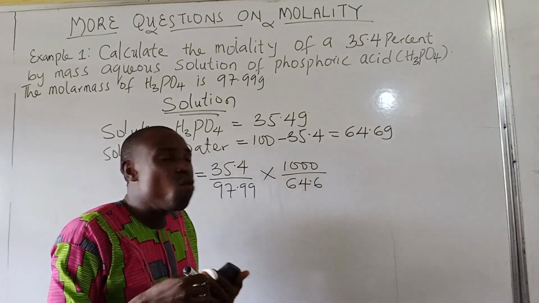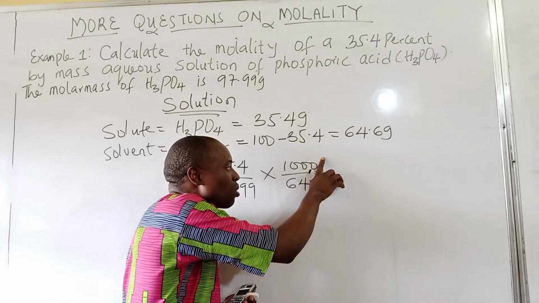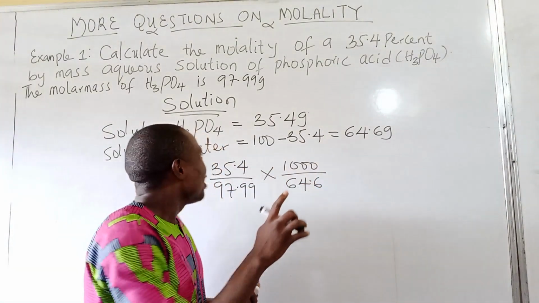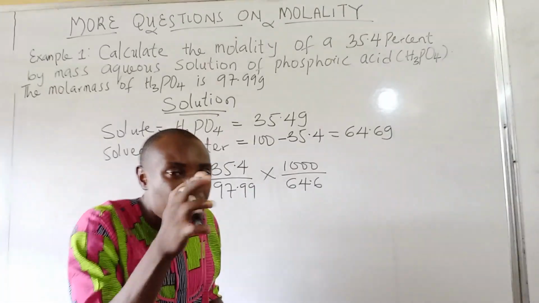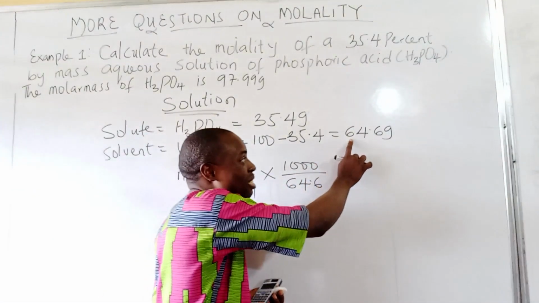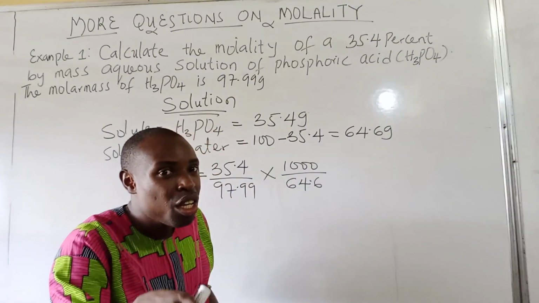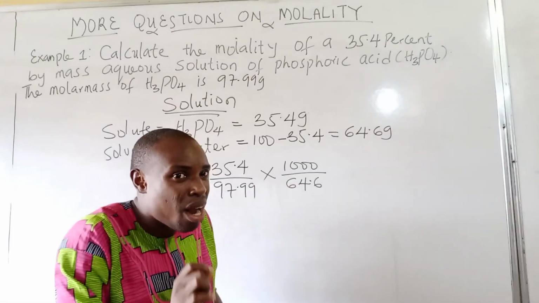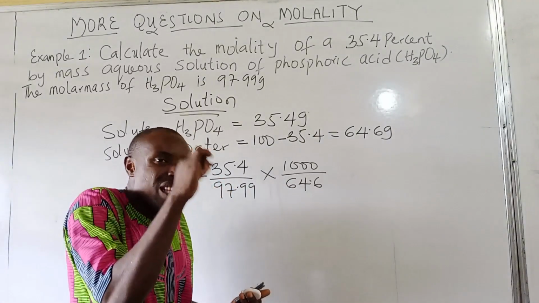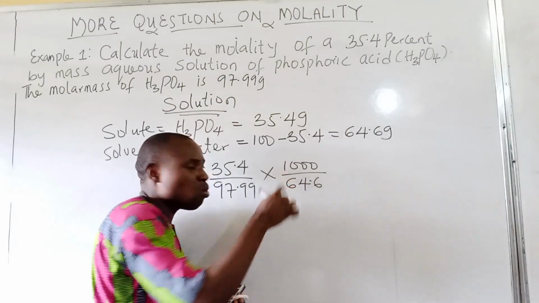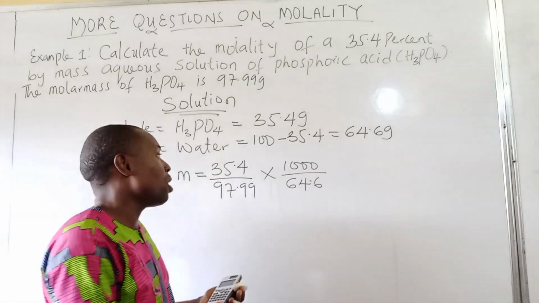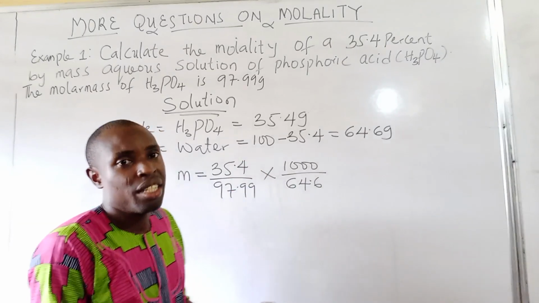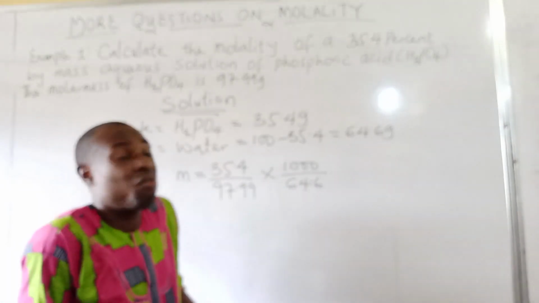Remember, the reason why we are making use of 1000 is because the mass of the solvent was in 64.6 grams. If it were in kilograms, there would have been no need for this conversion, so it would just be times 1 over 64.6, and that gives us the final answer.